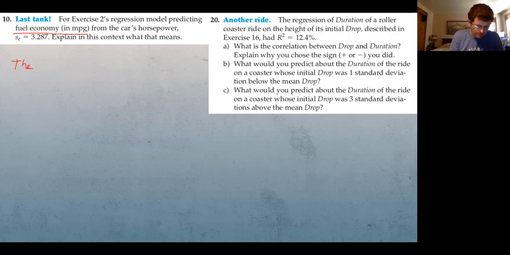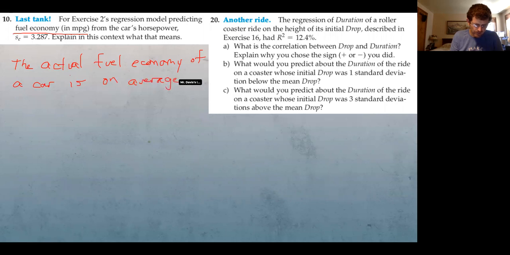And we could say, the actual fuel economy of a car is on average 3.287 miles per gallon different from the model, from the predicted value.